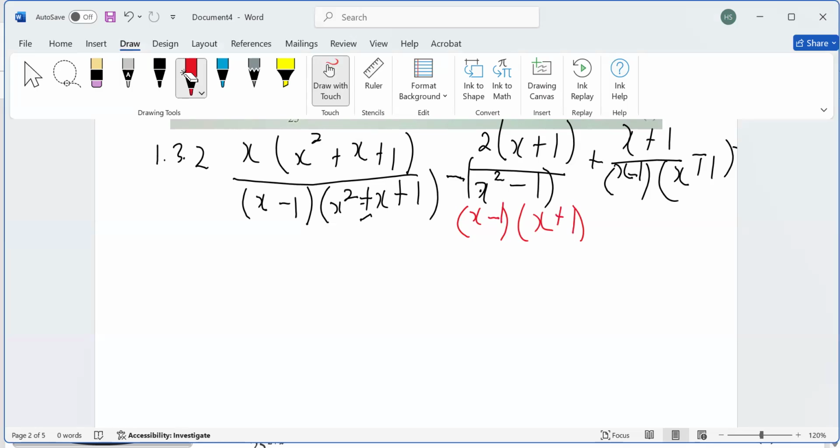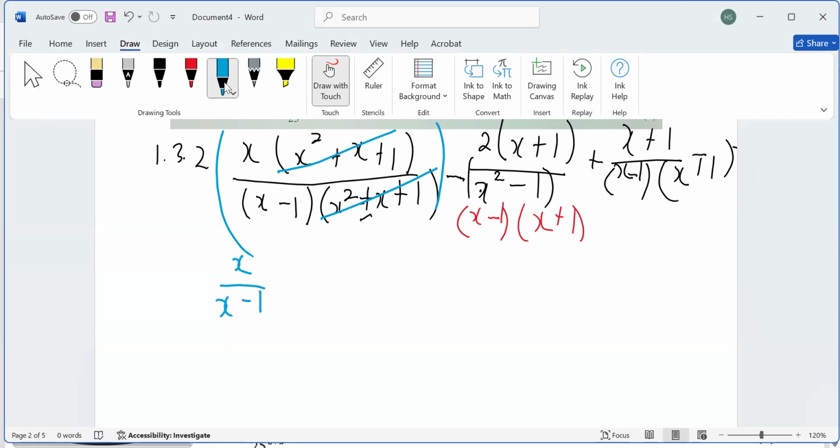Now, you look at the numerator and the denominator and check whether there is anything that appears on both. This whole thing is term number 1. Is there anything that appears top and bottom? Yes, this one appears on the top and at the bottom, so they divide each other out. What remains is x over x minus 1.